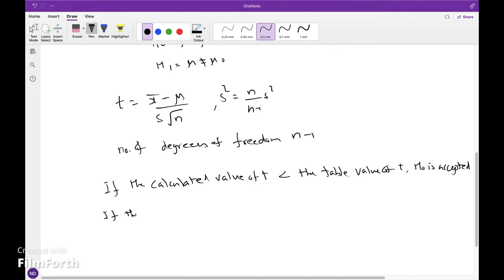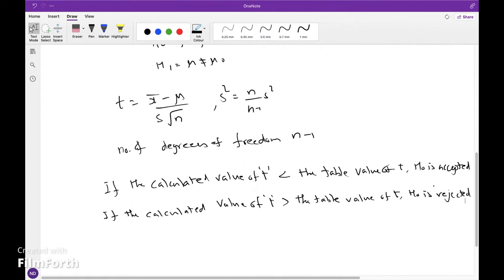If the calculated value of t is greater than the table value of t, H naught is rejected. Here the table value of t is got for a given alpha, for 5% or 1% level of significance.